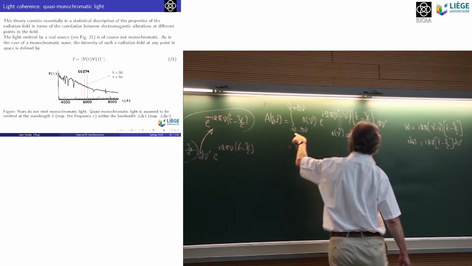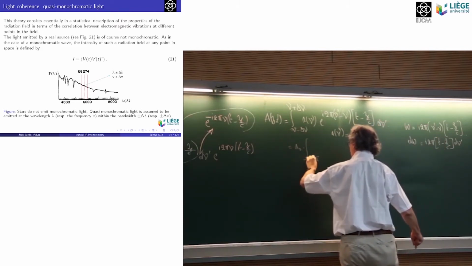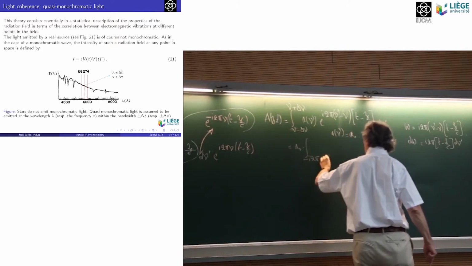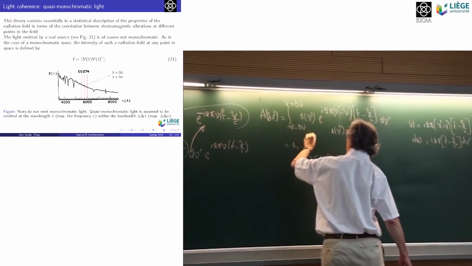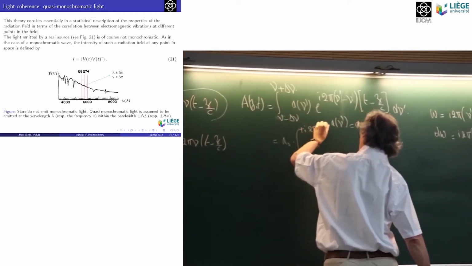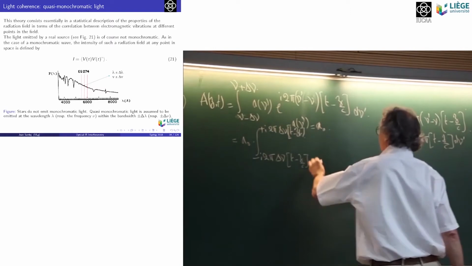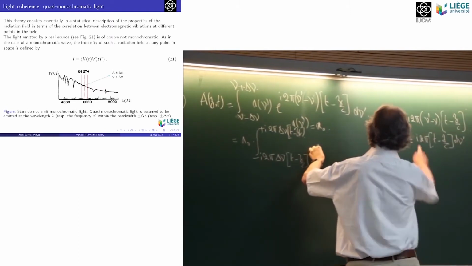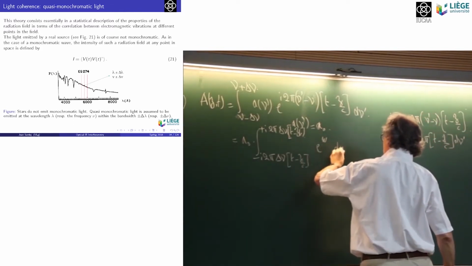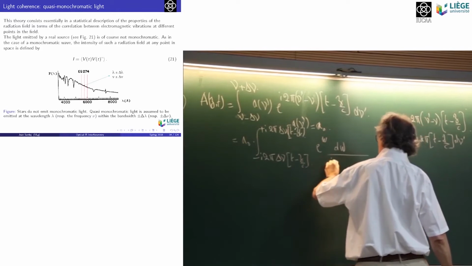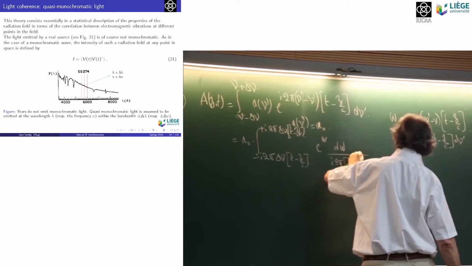If I put here nu minus delta nu, it will be minus i 2 pi delta nu times t minus z over c, and here plus i 2 pi delta nu times t minus z over c, multiplied by e to the w times d nu prime, which will be dw divided by i 2 pi times t minus z over c.